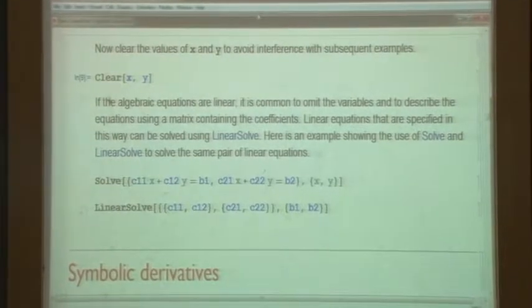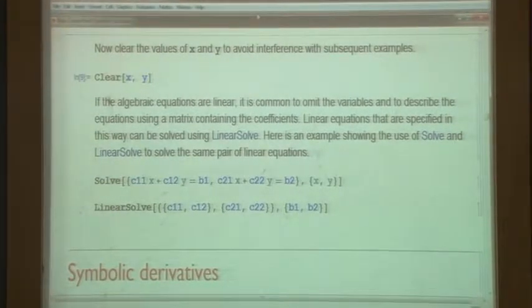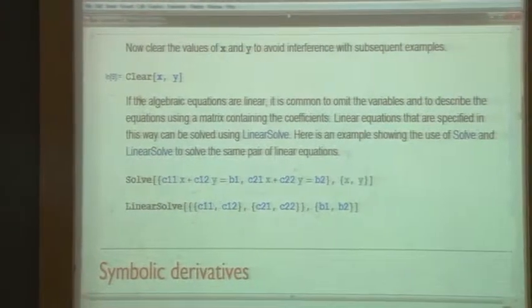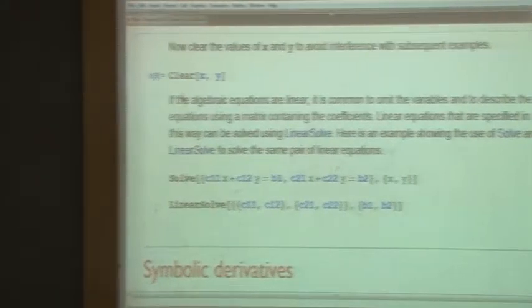The other alternative would be to use Clear, but to clear all symbols. How do we do that? How do we clear all symbols? Who knows?